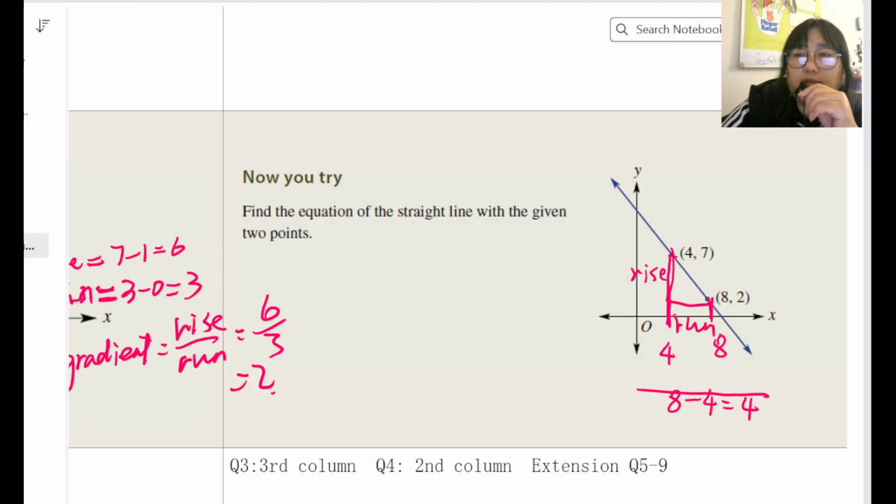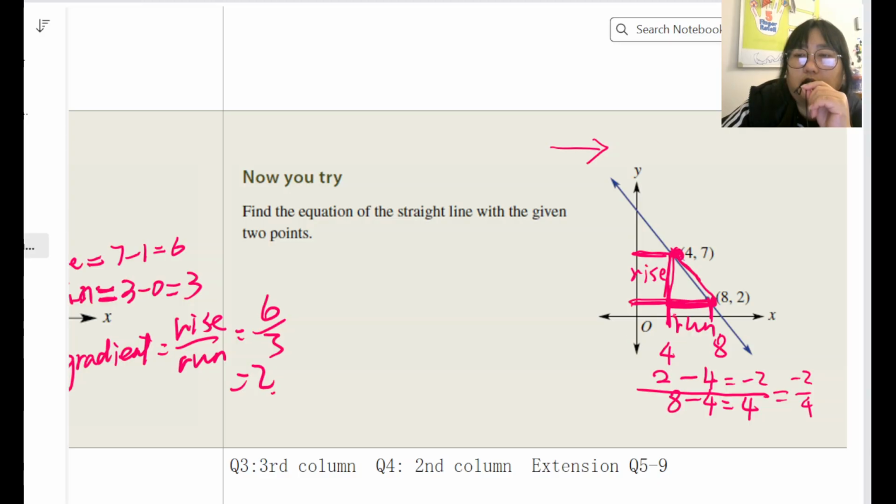And then for the rise, I start from the point on the left because we read the graph from left to right. So you see the first point first, then keep going left to right, and you see the second point.